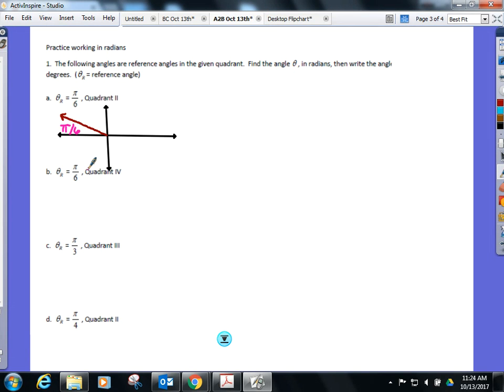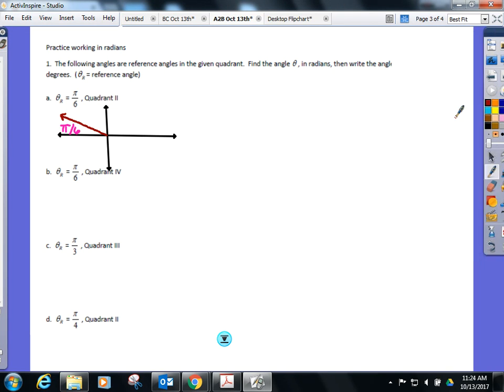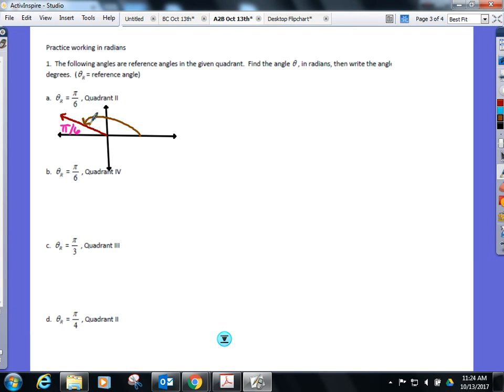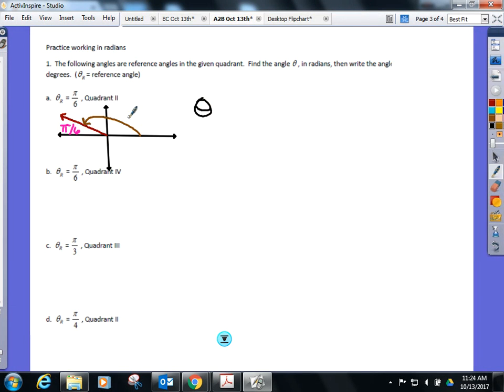Can you help me find the original angle? We're going to do both, but we'll first just start you youngsters out in degrees. Can you find the original angle theta for me?